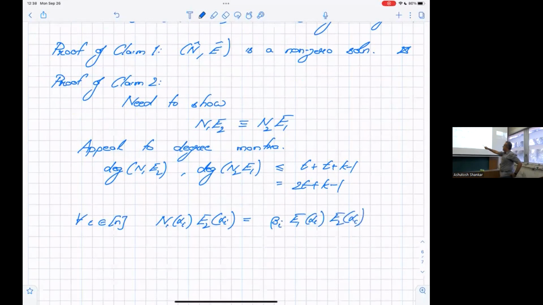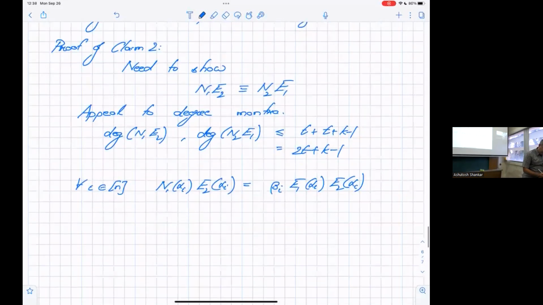So n1 satisfies that n1 alpha i is equal to beta i, e1 alpha i for all points. This is true at every one. Now I'll plug in this beta i with this, and you can now say this is e1 alpha i into e2 alpha i. Therefore, for every point i in n, you have this equality.